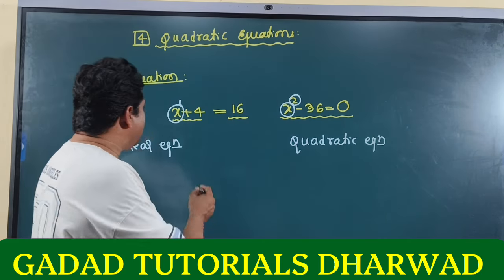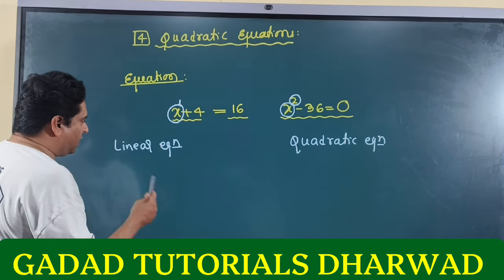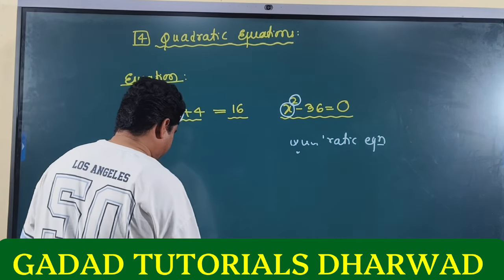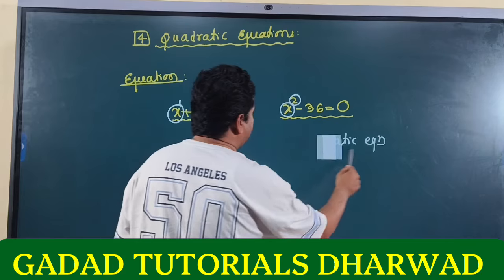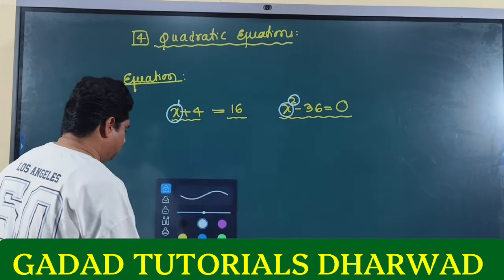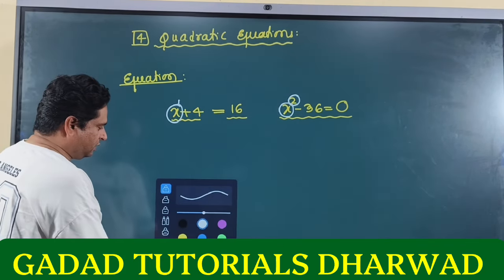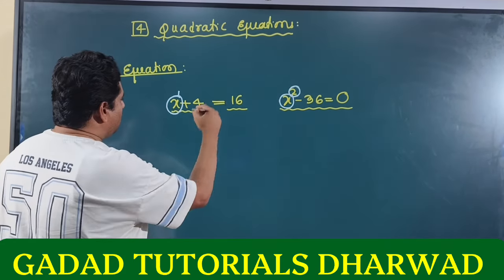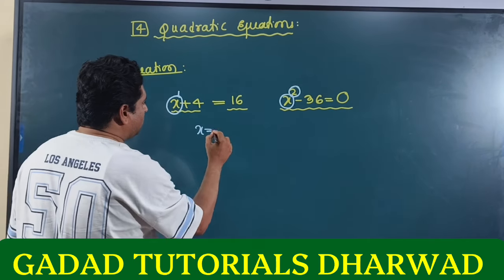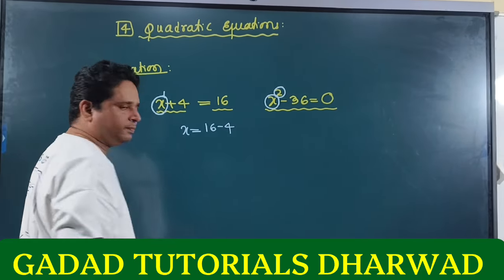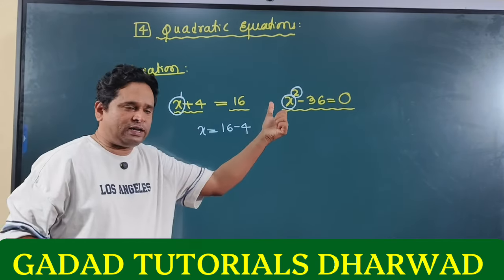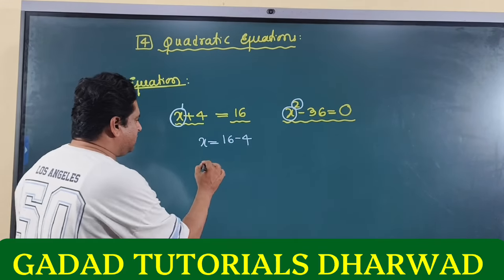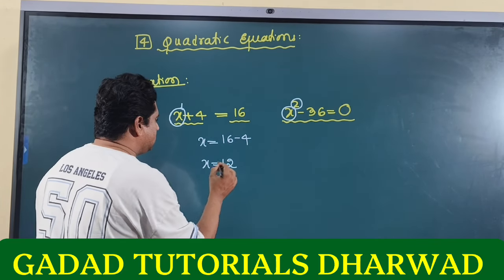Now I will solve these equations. Try to understand how I am solving. Observe here: x plus 4 is equal to 16. Now plus 4 I will take to the other side, so x equal to 16 minus 4. 16 minus 4 is 12.